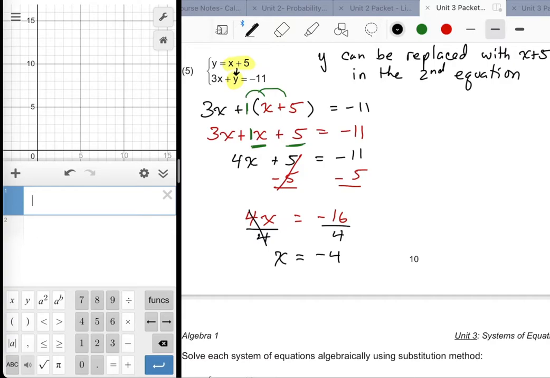So what we can now do is choose one of the two original equations, because we don't need them both.